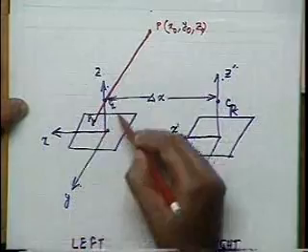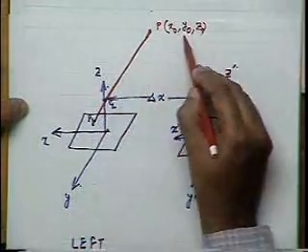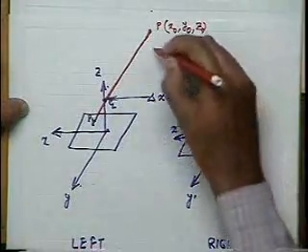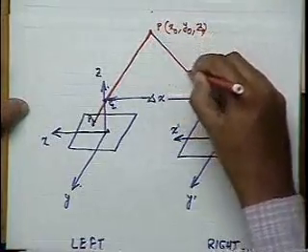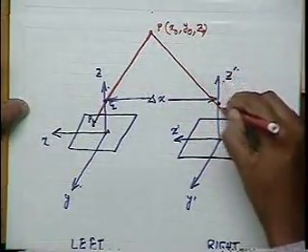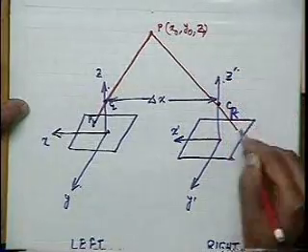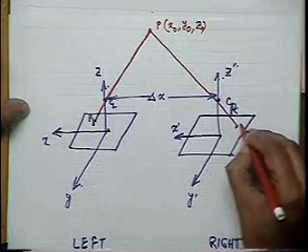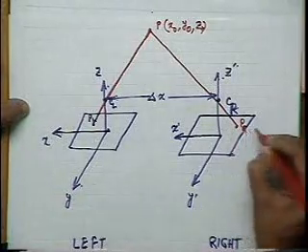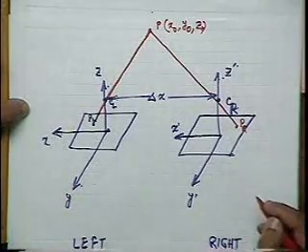Now I just extend this ray with the point CR, and suppose I get the image at the point PR.